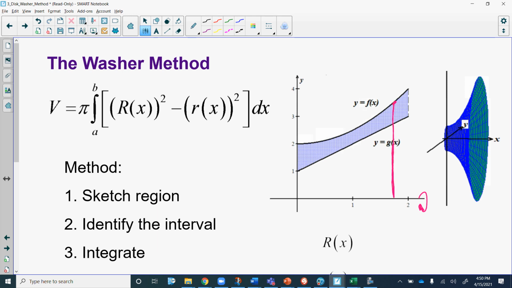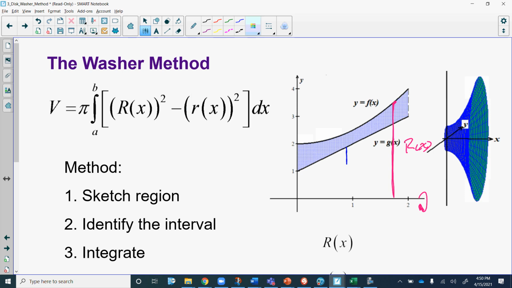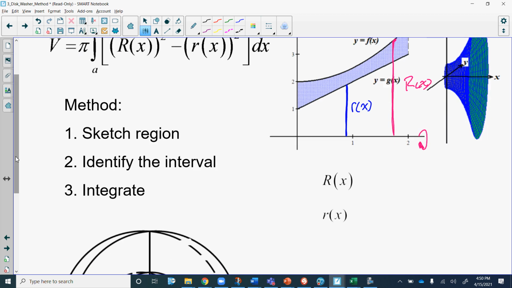this segment would represent the outer radius of the function. Whereas here, this segment would represent the inner radius, okay? And that's why we're differentiating with a big R and a little r. We have to actually take the difference of them.